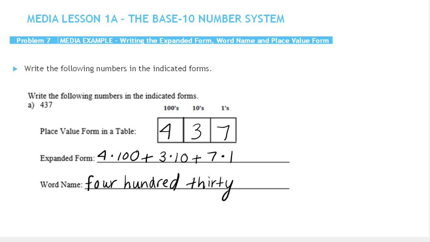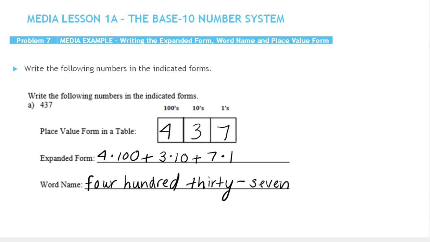And then for the 7 ones, we don't follow it by the word ones. We just say 7. So this would be four hundred thirty-seven. Whenever we're connecting a tens place value and a ones place value, where neither of the digits are 0, we put a hyphen in between the tens place value word and the ones place value word.